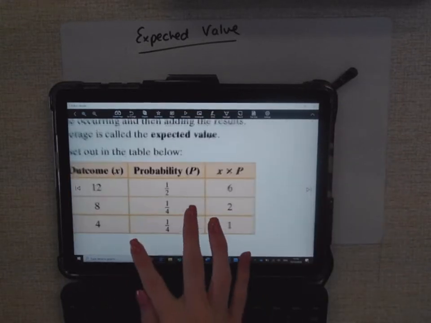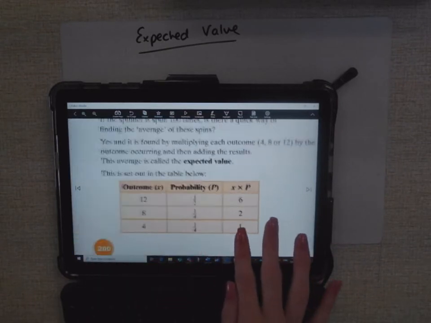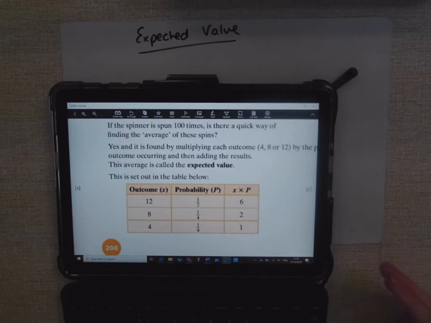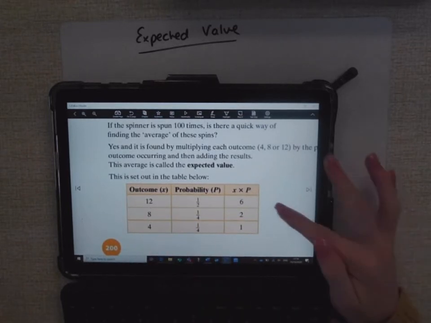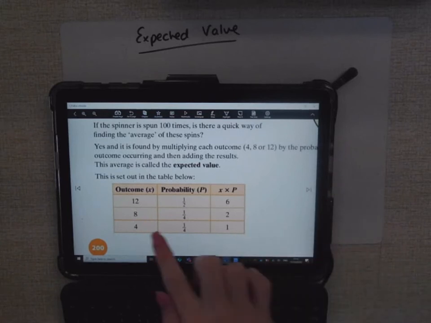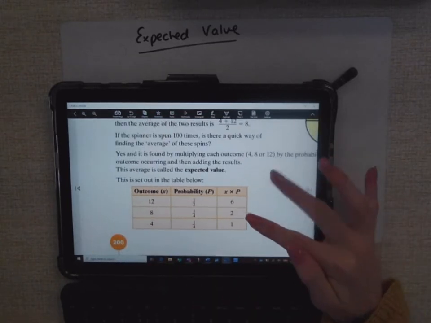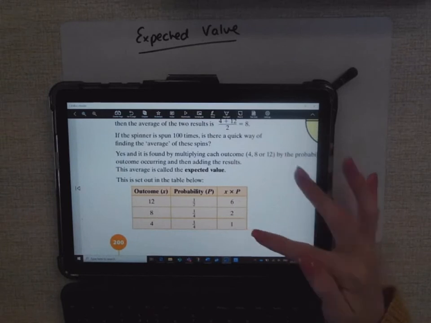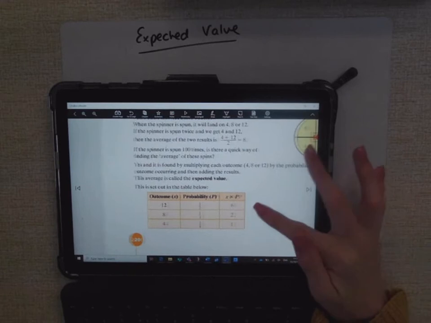If I average out, multiplying these two, that's the expected value. So 12 by half is 6, 8 by quarter is 2, 4 by quarter is 1. Add them up, 6, 7, 8, 9. The average is 9, okay?